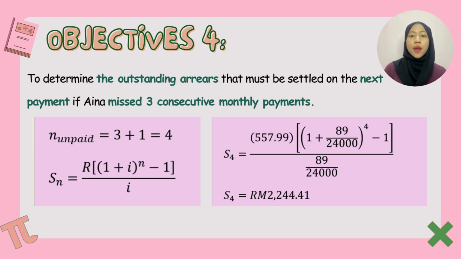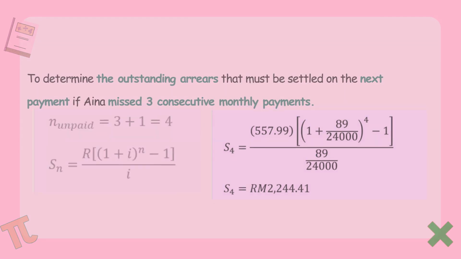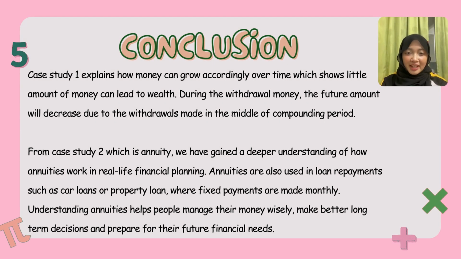S n equals R bracket 1 plus i to the power of n minus 1 divided by i. S 4 equals 557.99 in bracket 1 plus 89 divided by 24,000 to the power of 4 minus 1 over 89 divided by 24,000. Total for S 4 is 2,244 ringgit 41 cents.